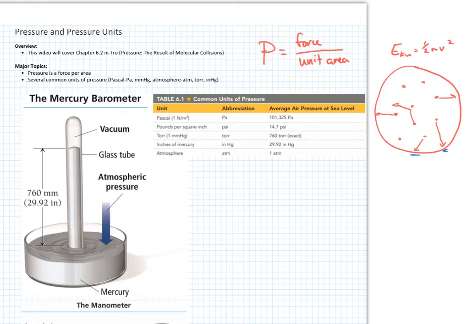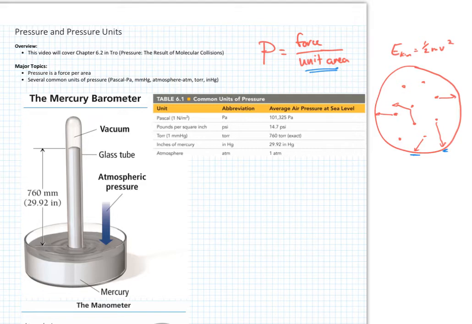Now, each individual gas molecule is not that much, but when you have 10 to the 23, 10 to the 24 gas molecules hitting against the surface, it starts to get to a measurable amount of force. If we measure over some unit area the amount of force that we have, that is what pressure is.